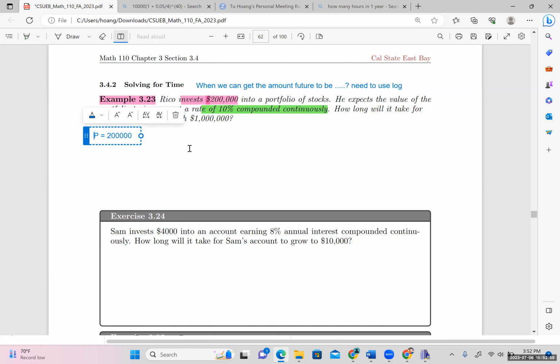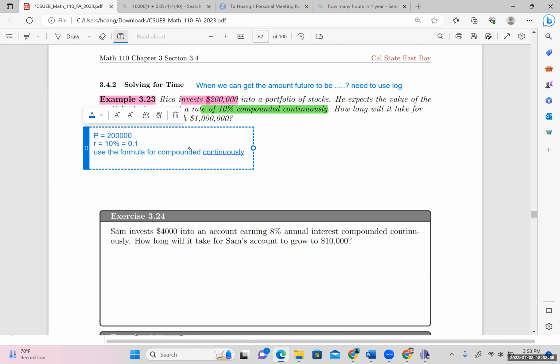So I'm going to have rate equal to 10%, which is 0.1. And because this is compounded continuously, you have to use the formula for compound continuously, all right?